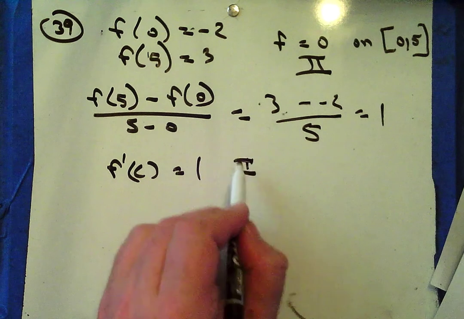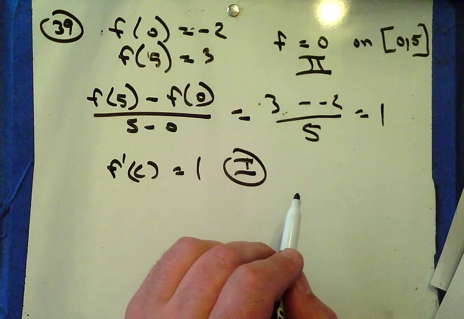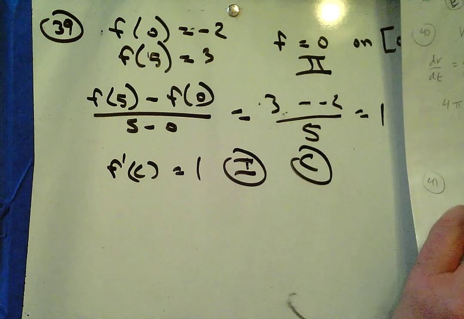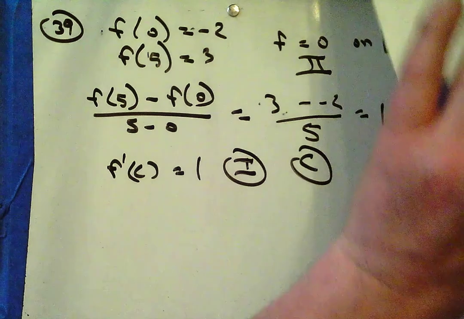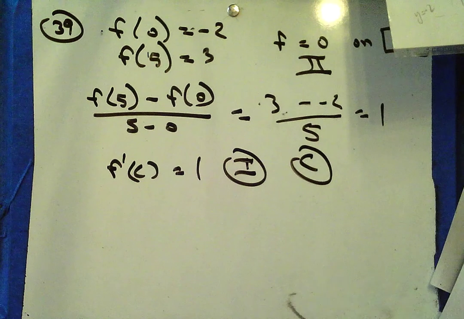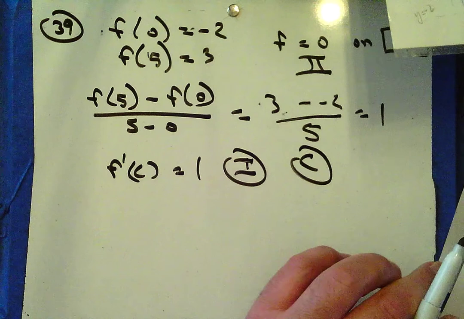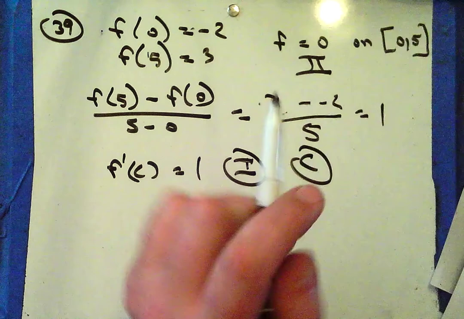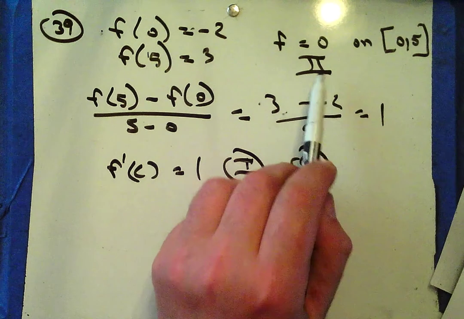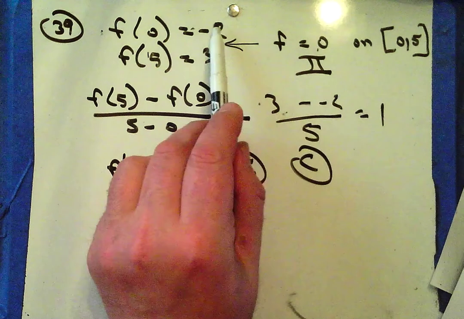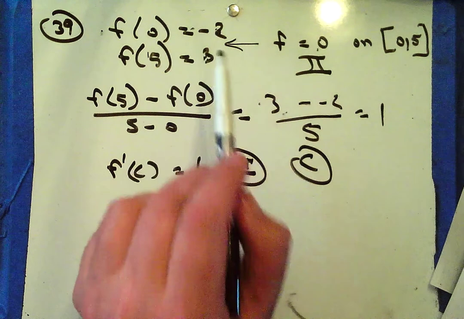That's Roman numeral 1. So I've got those two, 1 and 2, and that looks like choice C for me on there. But what about Roman numeral 3? f of c must be -1 somewhere. Well, wait a second. Remember how we talked about IVT and we said we would pass through 0? Well, mustn't we also pass through -1?